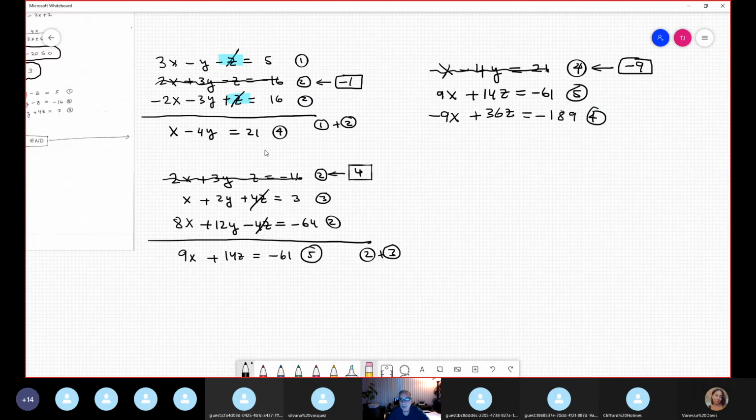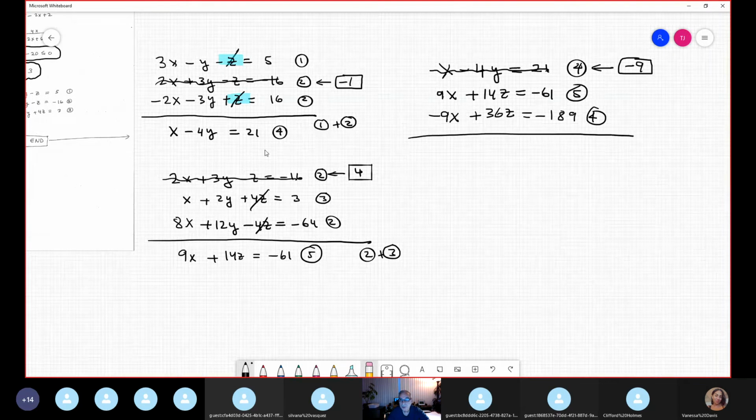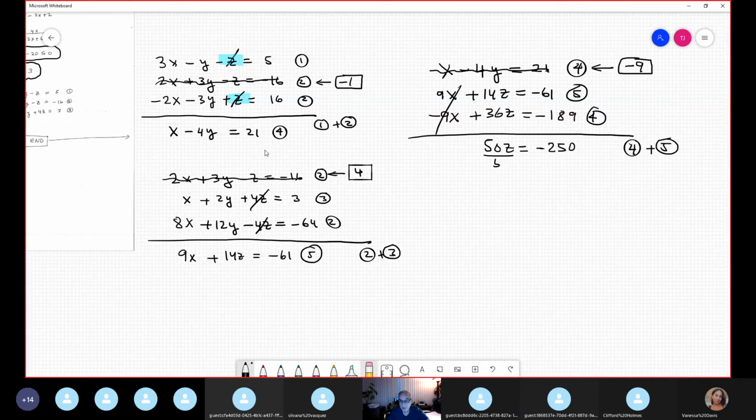Now, after the multiplication, I'm ready to add 4 plus 5, equation by column. This is 0, cancel out. This is 50y. And this together is negative 250. Divided by 50 on both sides, y is equal to negative 5.